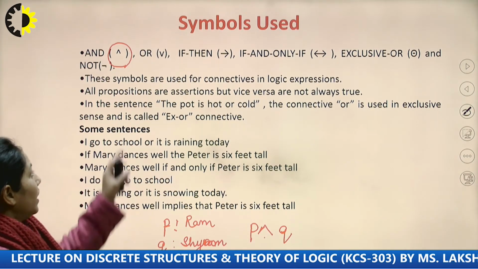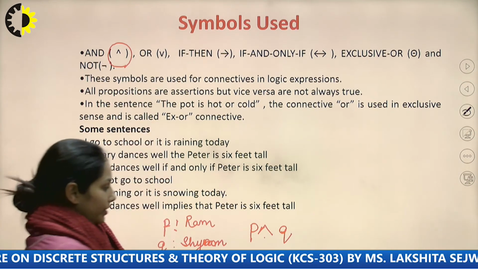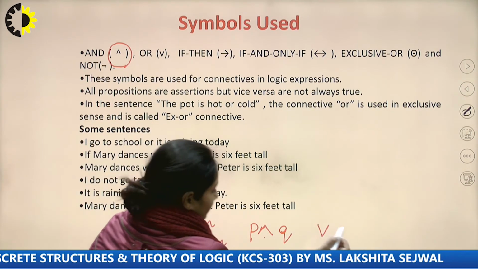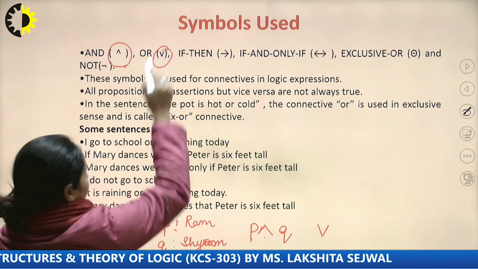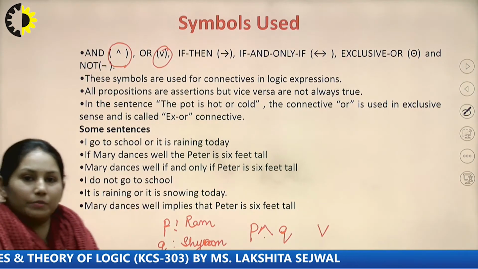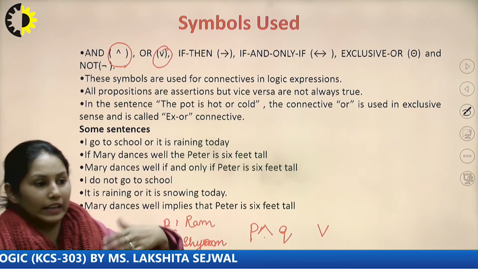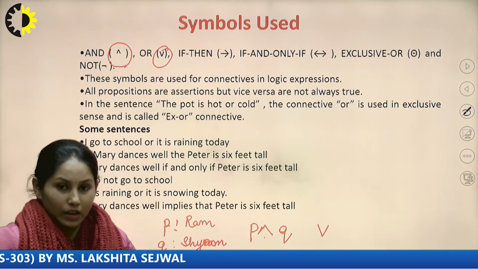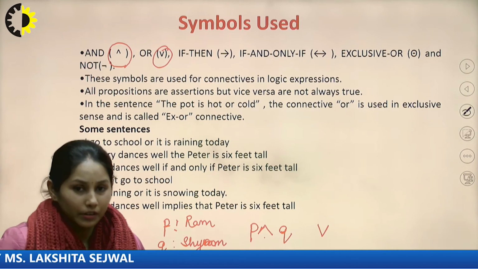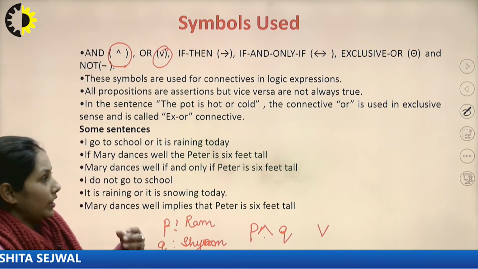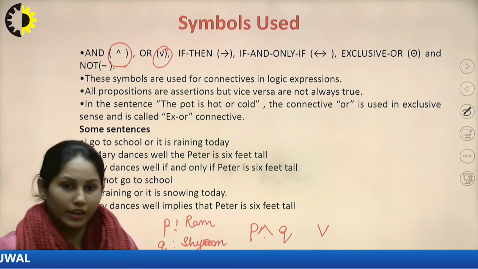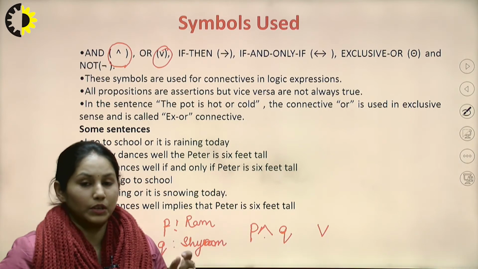The or connective will be represented as this, a small v. So or is represented by small v. If you encounter if-then, like "if there is cloud, then there will be raining," that statement has a connection which uses two words, if and then.